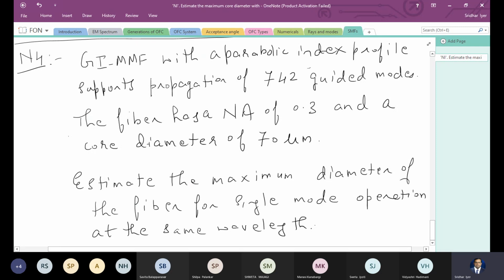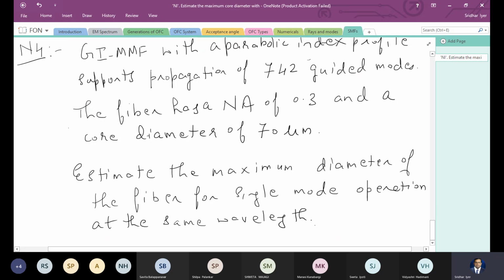So we'll have to be careful here of what is given to us and what is asked. The reason is the fiber is a multimode fiber, but we need to find the diameter for single mode operation. Okay. So we'll have to be careful here.